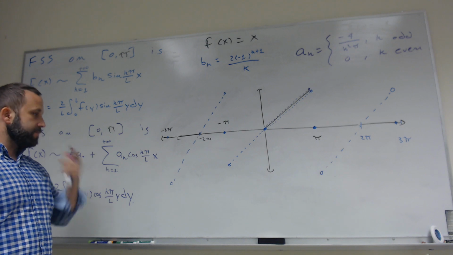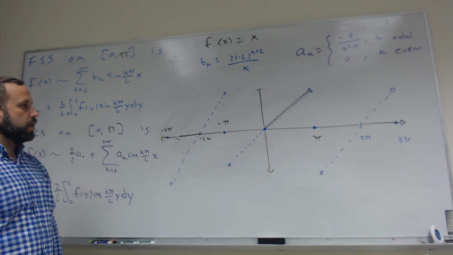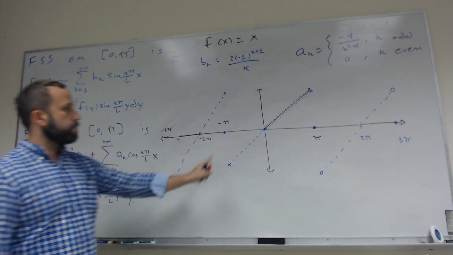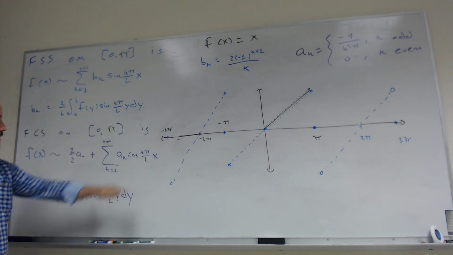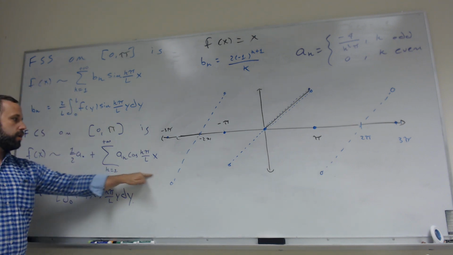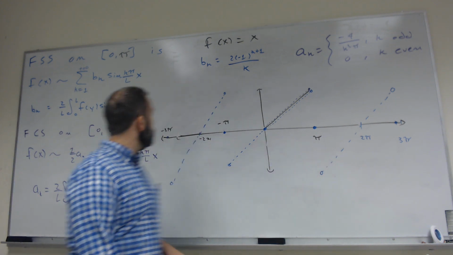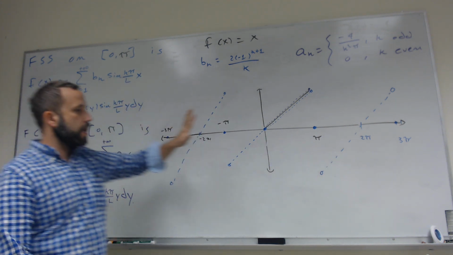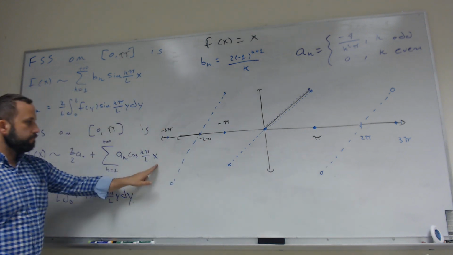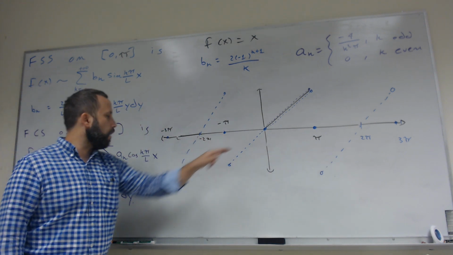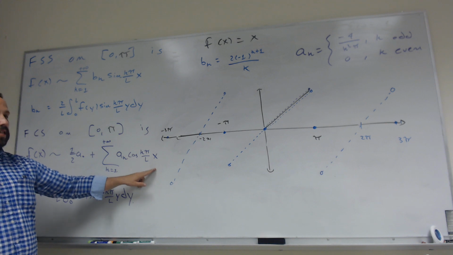Okay, so now let's do the same thing. Let's do the extension of this. When I say extension, I mean I'm going to take this formula. Where did this formula come from? We derived it by only sampling the function from 0 to pi, just like for the sine functions. But why can't I plug in a number from minus pi to 0 here? There's no reason that I can't do that.